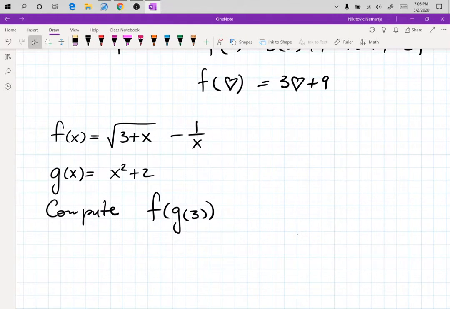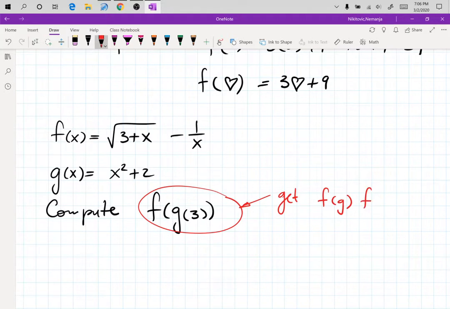This notation here, I'll write it in blood, means get f of g first, then compute at x equals 3. That's what it means.